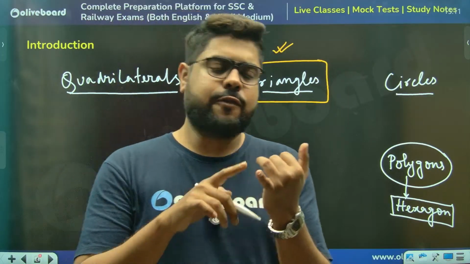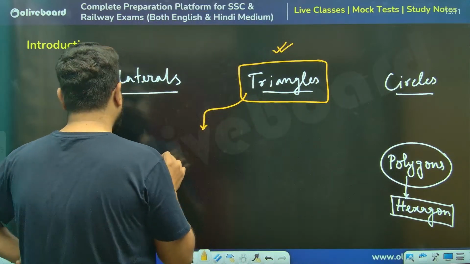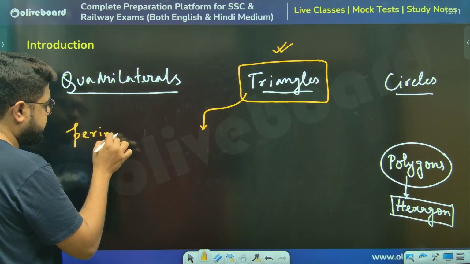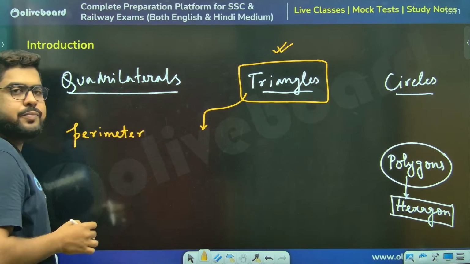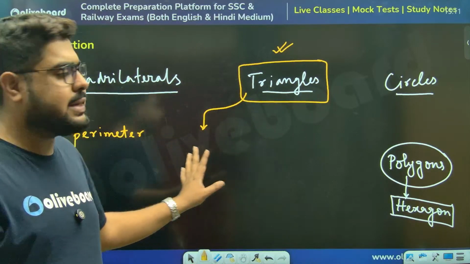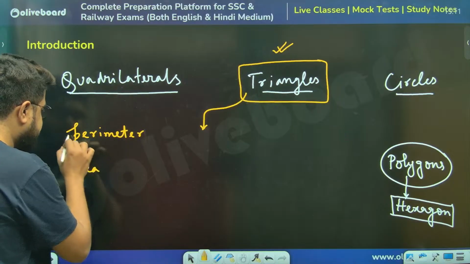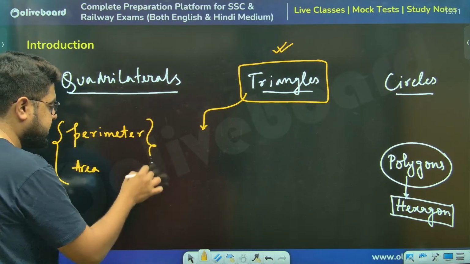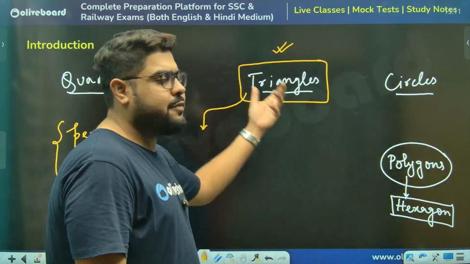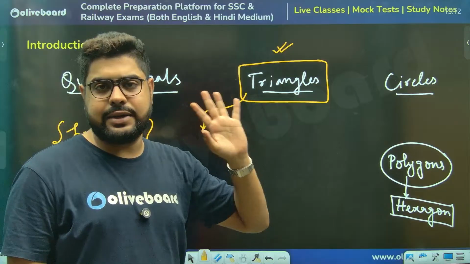The first is always the perimeter, which is the first parameter for any kind of figure. In the case of a circle, the perimeter is called circumference, but it is nothing but perimeter. And last but not least is area. These 2 are the primary things. Apart from that, triangles have height and rectangles have diagonals, but those are secondary.